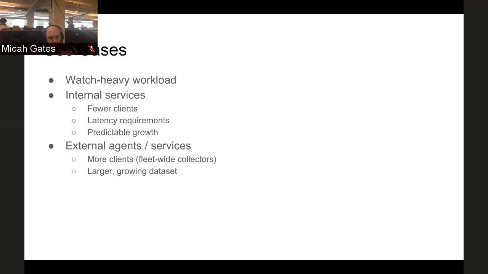We don't have any use cases for our internal clusters where other users are storing data in them. We mostly control the growth rate, but we do have some pretty strict latency requirements because we need things like service discovery and configuration propagated quickly.